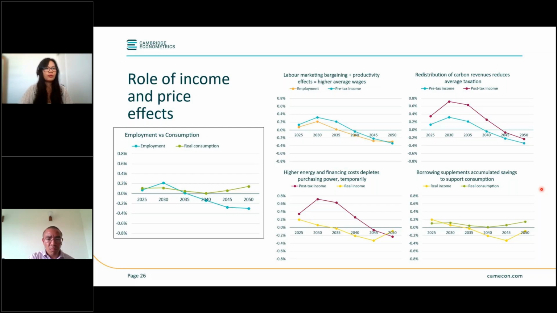But what we see here in terms of what the model tells us is it's not quite linear, in the way that the two lines for the two indicators, which represent their impacts in the scenario compared to the baseline, are not tracking each other exactly, which can be a seemingly strange behavior to observe.